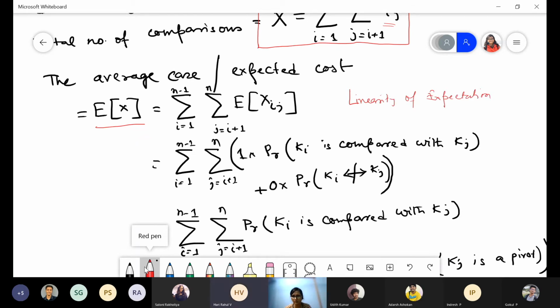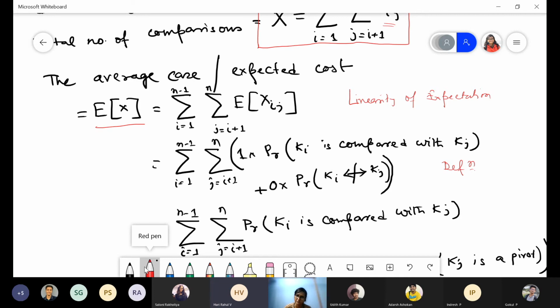This comes from the meaning of E of Xij. E of Xij is the expected value of the event that Xij happens, that is, the element ki is compared with kj. Over all possible partitions on all random inputs.